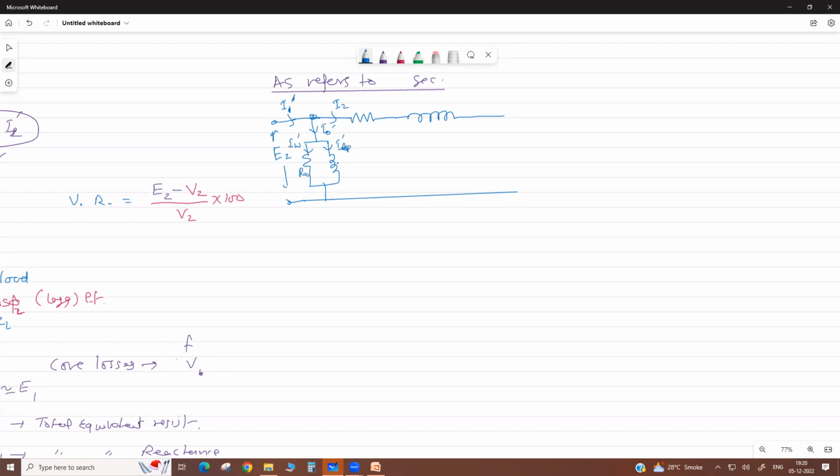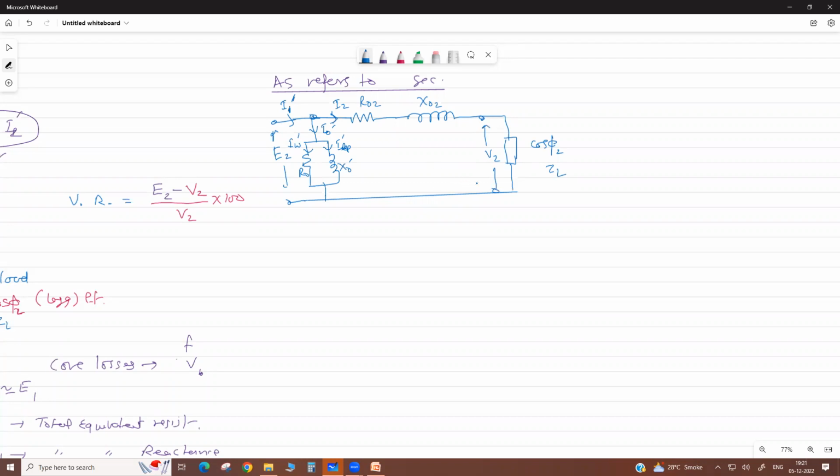This is R0 dash, X0 dash, the magnetizing parameters. This is total resistance and total reactance as referred to the secondary side. Here is the load side, cos phi, ZL, and across this terminal is V2.